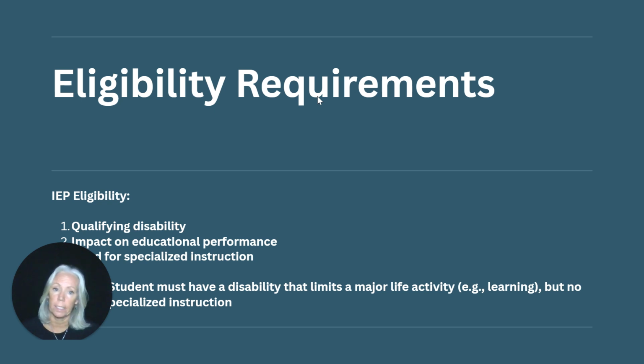This might be during writing time, for example, and that might happen once a week or 5 times a week, depending on the need. But it's all written in the IEP, exactly how much time and how often.